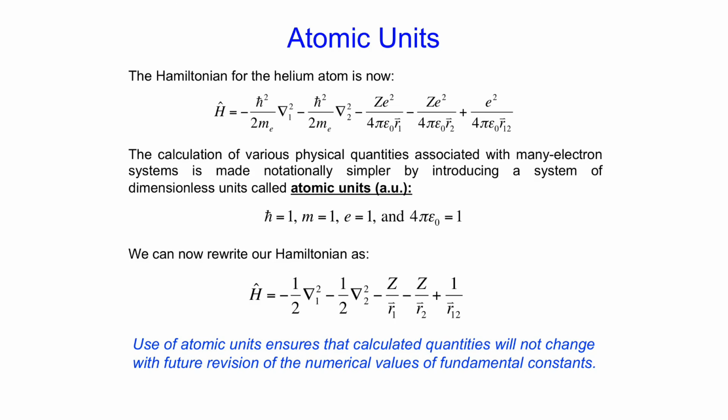If we get better values for Planck's constant, the charge on an electron, or the mass of an electron, we're not going to have to go back and redo all of our calculations. That's another part of the beauty of using atomic units.